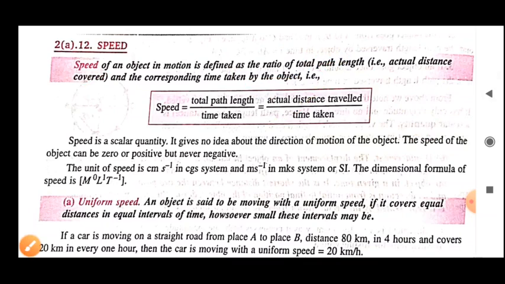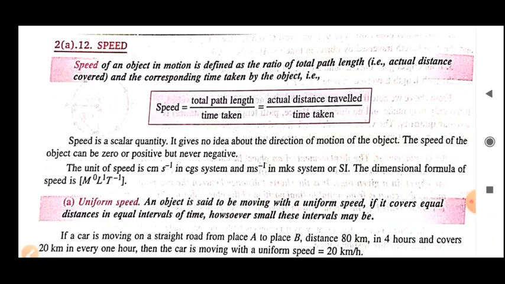Clear? Next one, as we have discussed, I think, what is scalar and vector quantity. So here if you see speed, this is a scalar quantity. Means about speed we have no idea about the direction. We are only saying that suppose this car is moving with 50 meter per second speed.